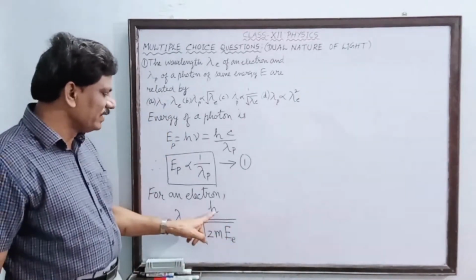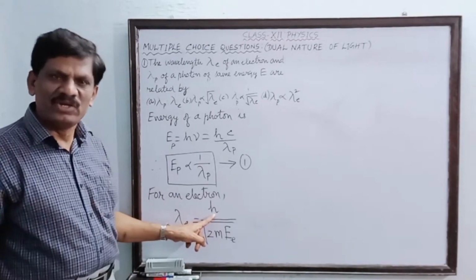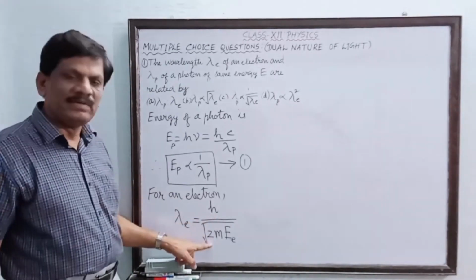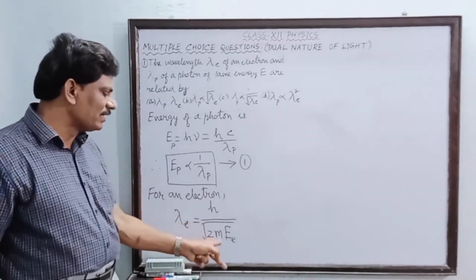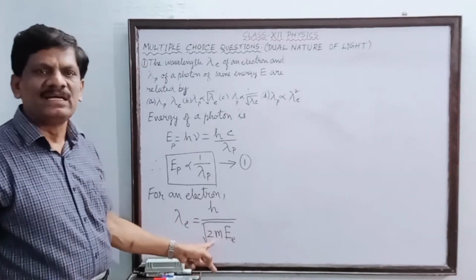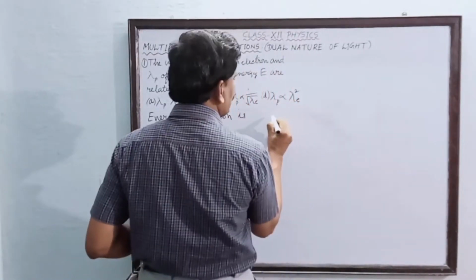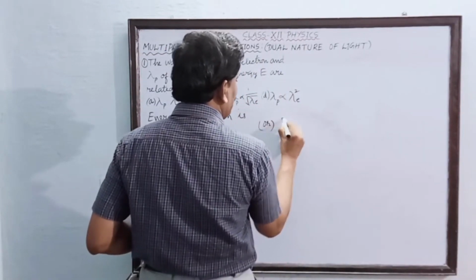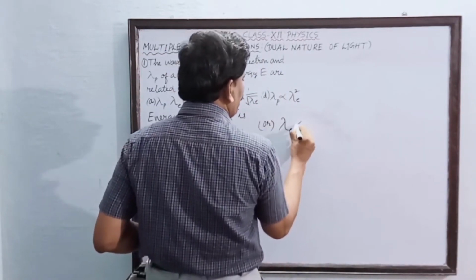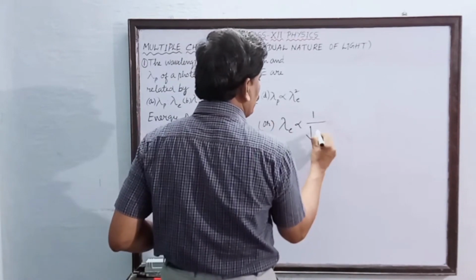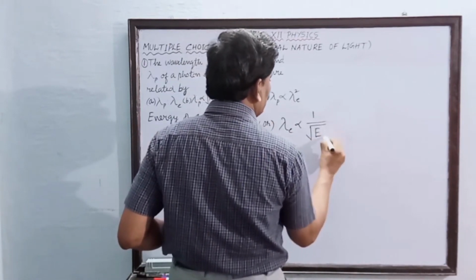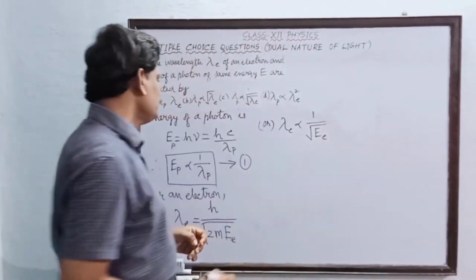Here also you see h is constant in the numerator. Similarly, in the denominator inside the square root, 2 is constant, mass m is constant. Therefore, I can write lambda e is proportional to 1 by square root of E of the electron.